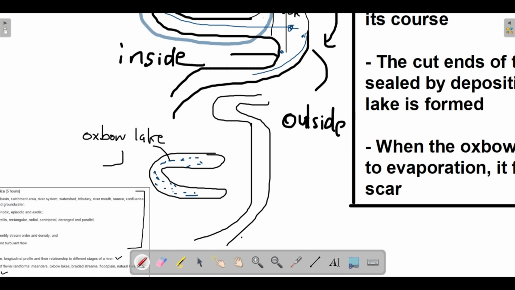When it has dried up, then it's going to be called an Oxbow Scar, or a Meander Scar, I mean. It's going to be called a Meander Scar after it dries up, after there's no water. Remember, this is not connected to any other tributaries, and so water will now evaporate eventually, and this Oxbow Lake will now develop into a Meander Scar after it has dried up.